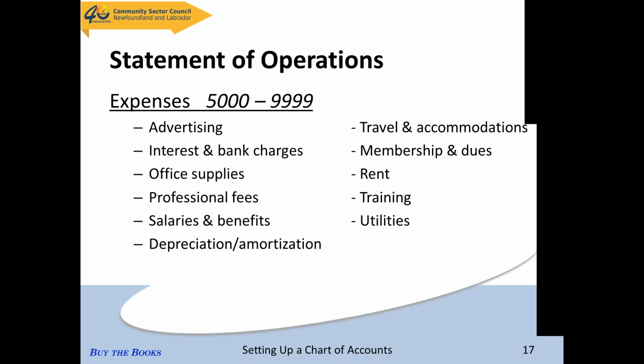So you really want to have a good handle on your budget, and by having detailed expense accounts you can budget and then monitor the actual spending for each expense. That's very useful for not just the organization, but of course the board of directors.